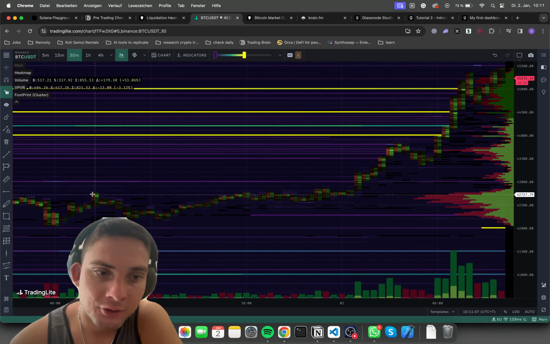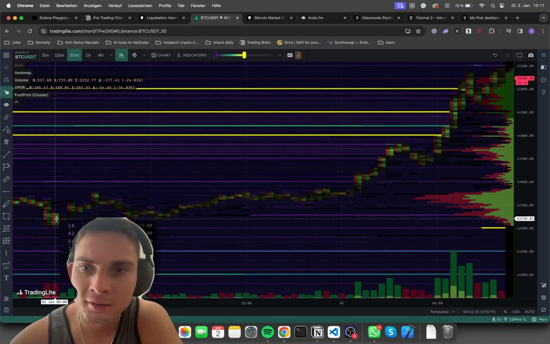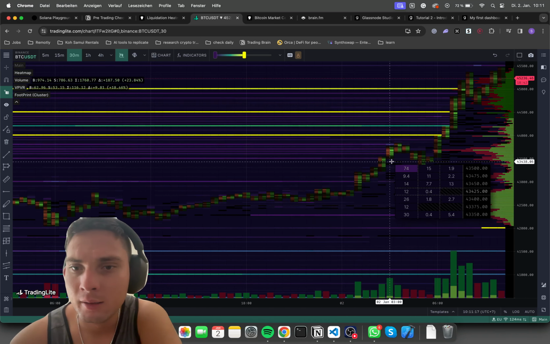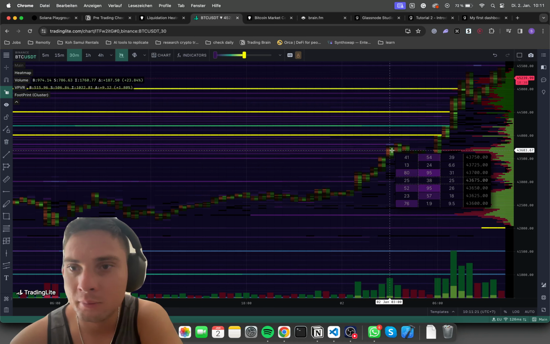I think it's just like red candle, red footprint cluster, green footprint cluster, and then we just see in more detail at what levels a lot of Bitcoin has been bought.